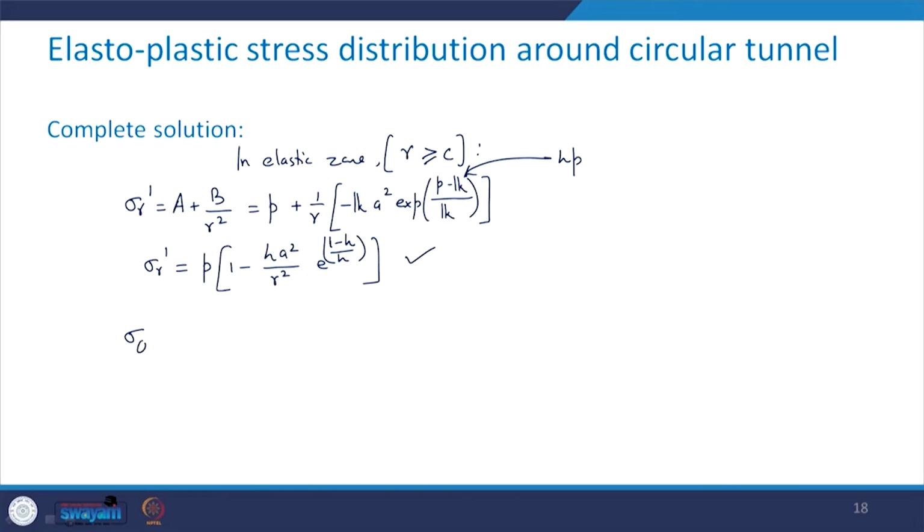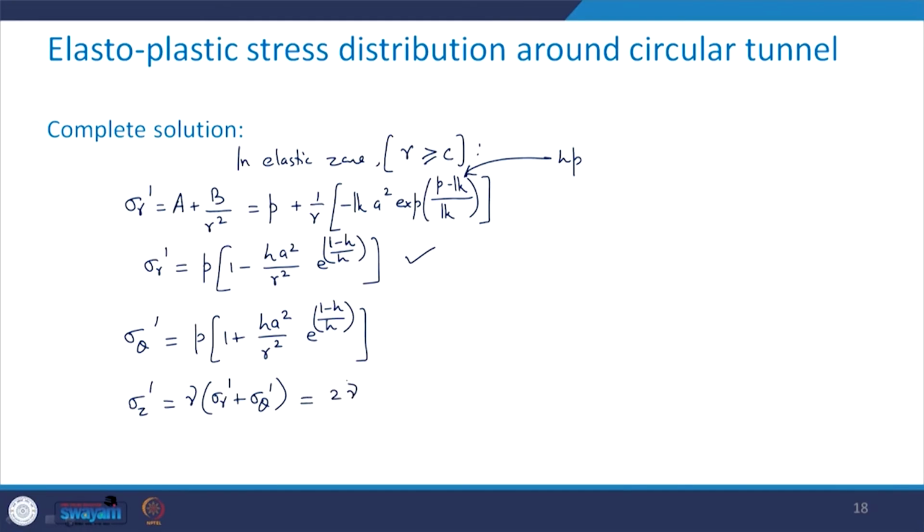Similarly, your sigma theta prime will be P times 1 plus h A square upon R square e to the power 1 minus h upon h, and sigma z prime will be nu times sigma r prime plus sigma theta prime, and that would be equal to 2 nu P. It's very simple.